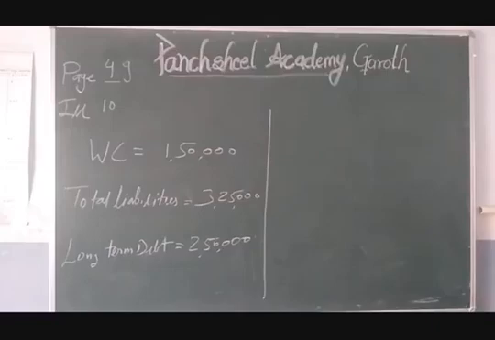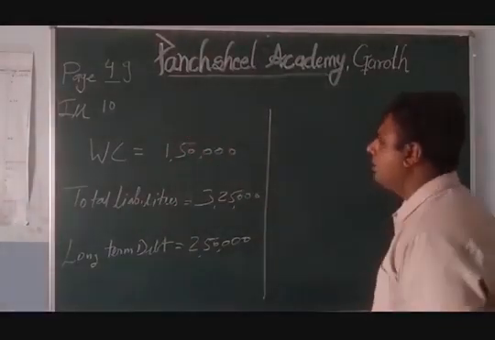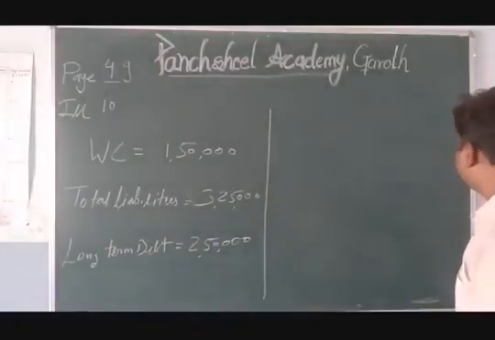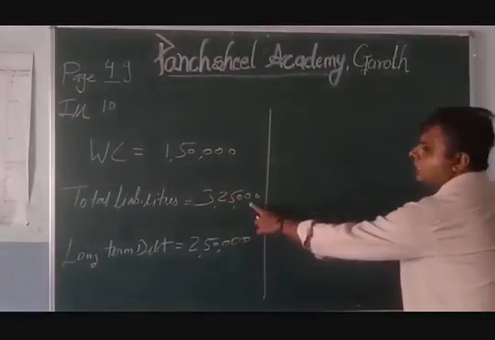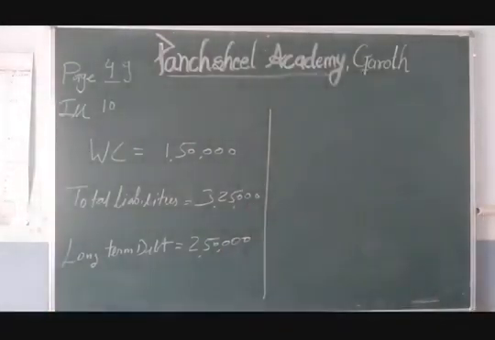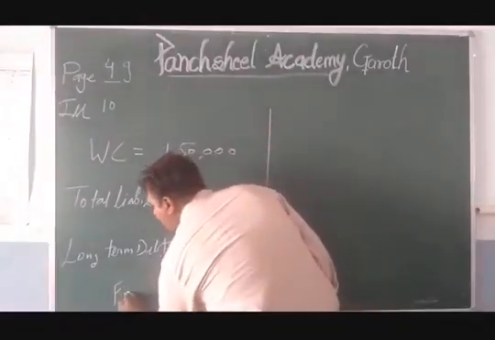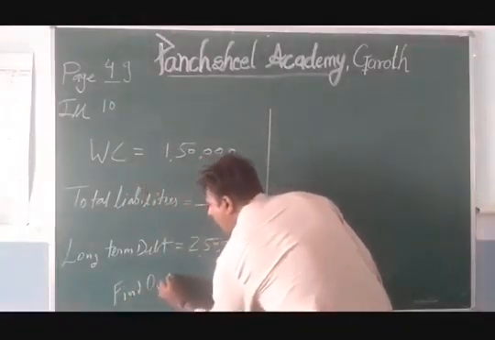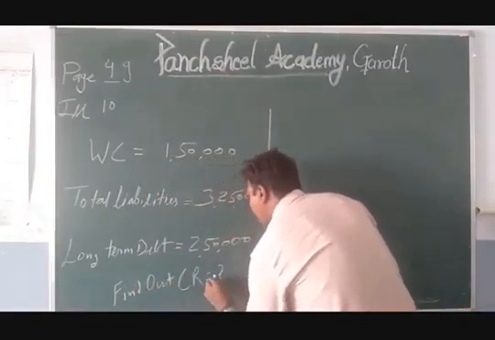Okay, everyone. Here the illustration number 10, page number 4.9. Working capital is given 1,50,000. Total liability is given 3,25,000. Long term debt is given 2,50,000. And now what we have to do is find out the current ratio.